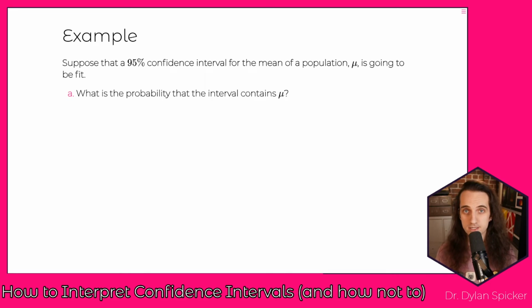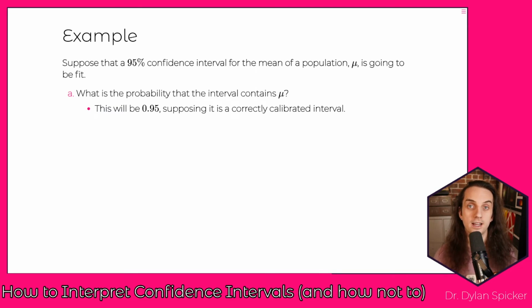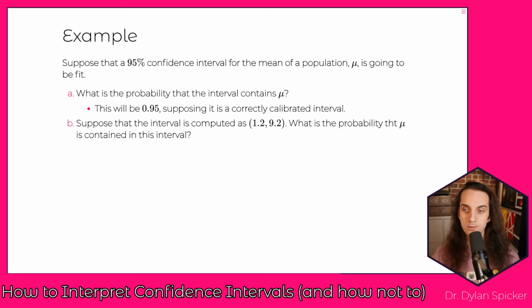That's what a 95% confidence interval actually means. Supposing it's a correctly calculated interval, there's a 95% chance that the truth is contained in the interval.